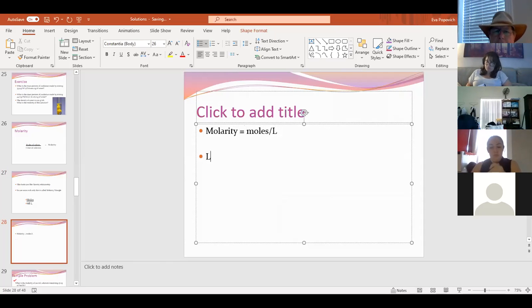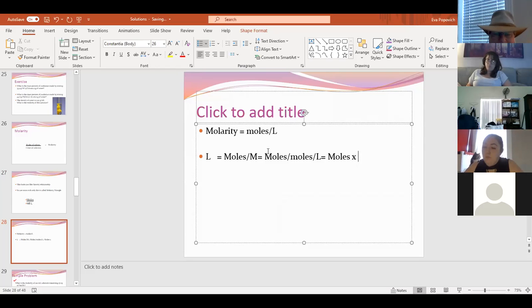If you want liters, you're going to take your moles and divide it by your molarity, which is the same thing as saying moles divided by moles divided by liters, which is the same thing as saying moles times liters over moles.